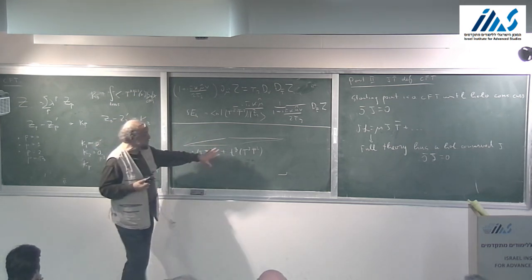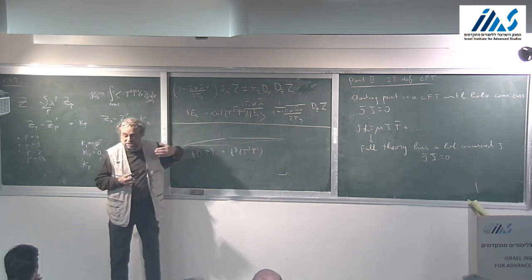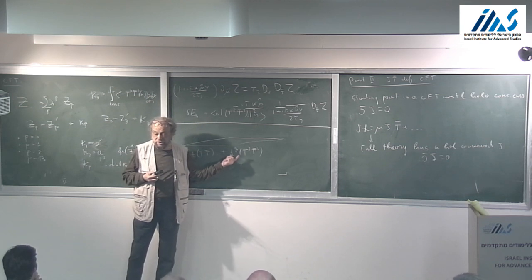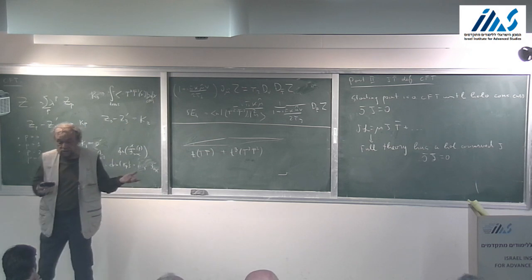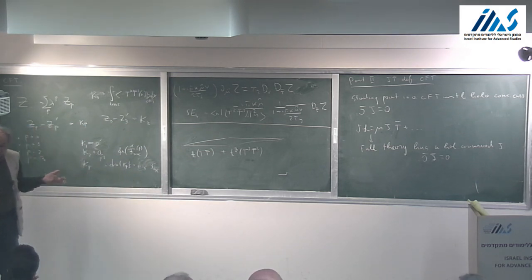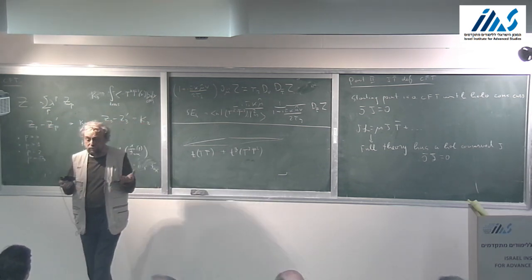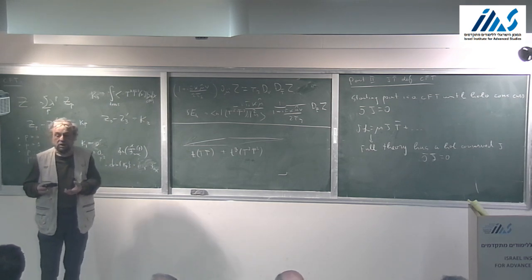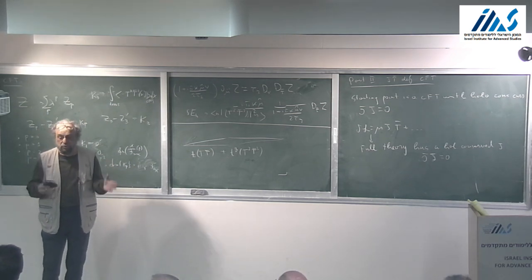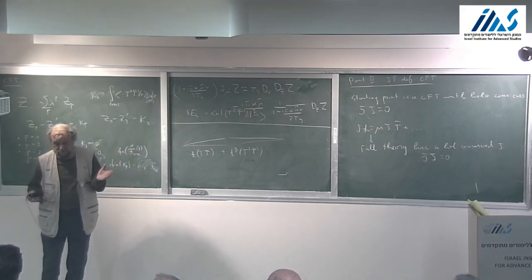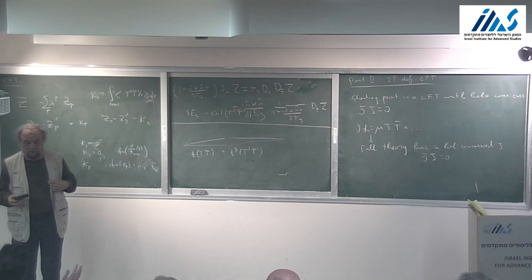You add this with a divergent coefficient to compensate the divergence, but then you are left with the finite part behind. That's a standard ambiguity in renormalizable perturbation theory. And this ambiguity is an ambiguity in producing solutions which satisfy all physical properties like modular invariance, and usually the theory you make like that doesn't make sense at higher order.